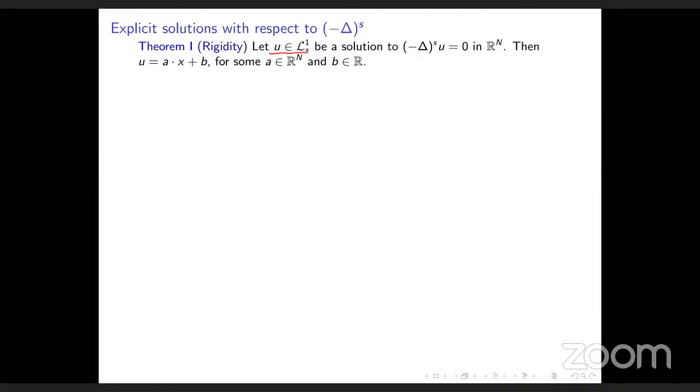When I was trying to understand this, I found out that as long as I stay in the distributional domain of the fractional Laplacian, there is no harmonic function which is not an affine function.